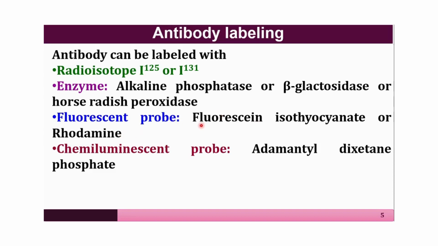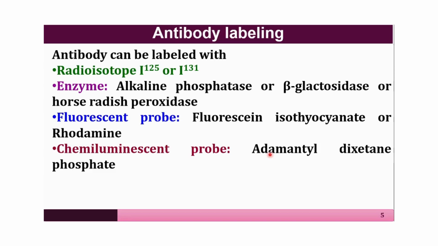Both of these molecules show different types of fluorescence. When a chemiluminescent probe is used as an indicator label, the material used here is adamantyl dioxetane phosphate.